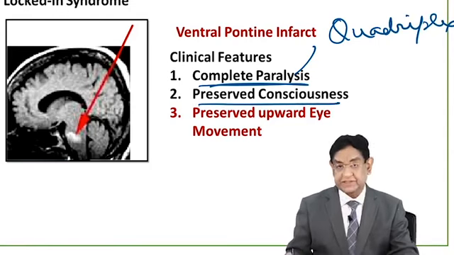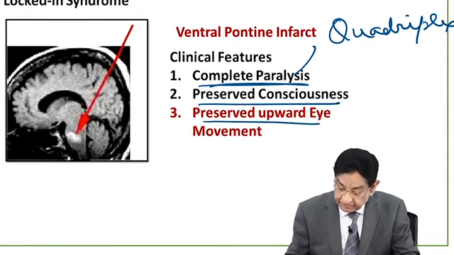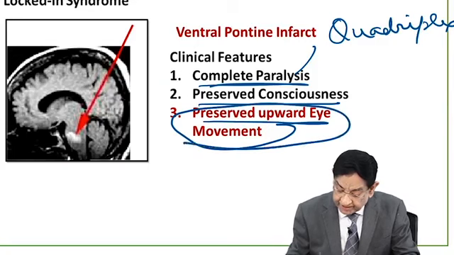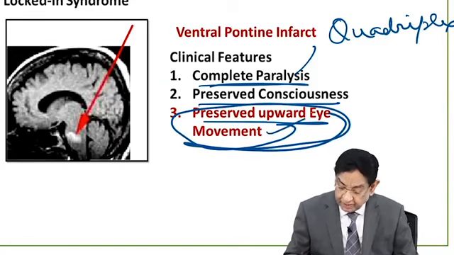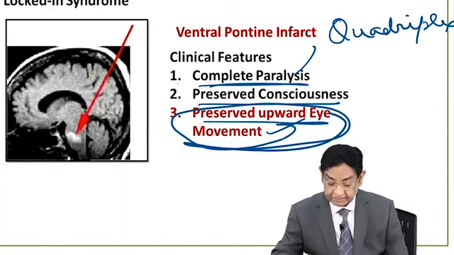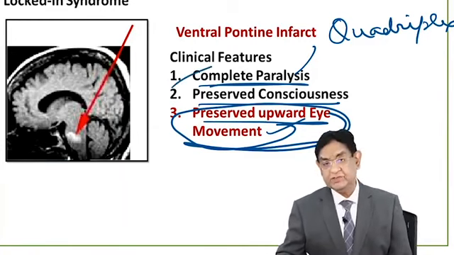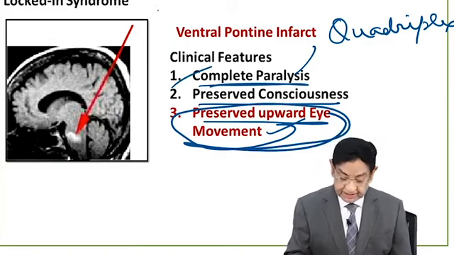The patient is conscious and preserves upward eye movement, a very, very important point. So preserved upward eye movement and complete quadriplegia is what we call locked-in syndrome due to basilar artery involvement.